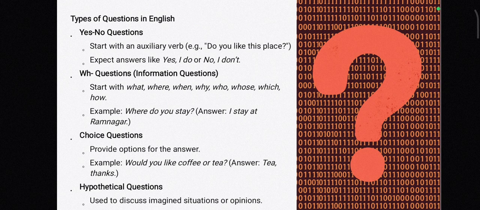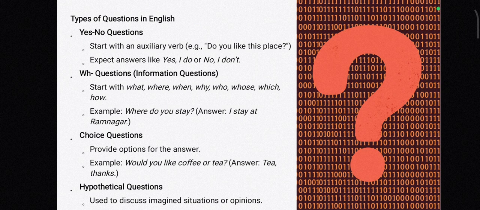Next is WH questions. WH questions are those which start with WH words and also how. So what, where, when, which, whose, whom, all those WH words, interrogative words. You are asking these questions to get information. That is why they are called information questions.